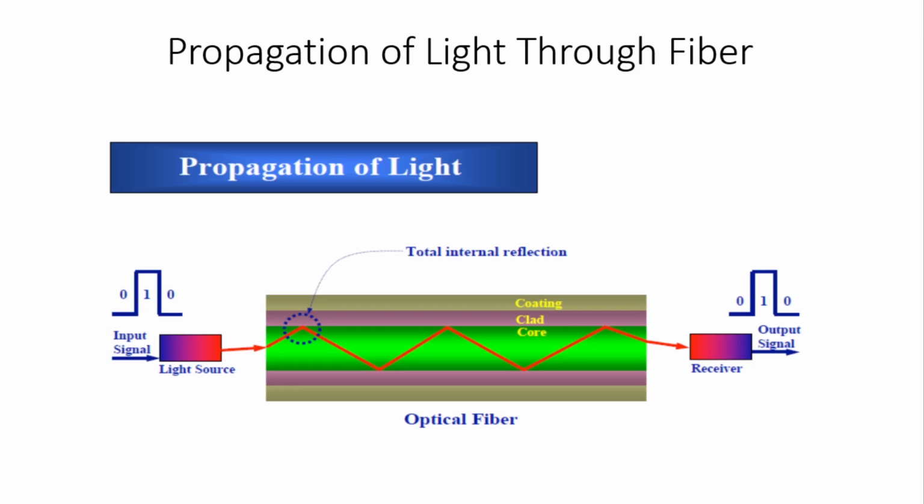The light travels with the help of total internal reflection inside the core only, in a zigzag manner, and at the other end it is received by an optical detector. It is detected by the detector, and after processing the output is generated. So this is the internal structure and propagation of light in the optical fiber.